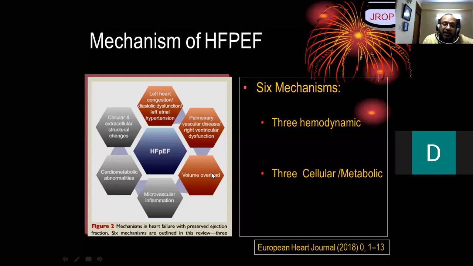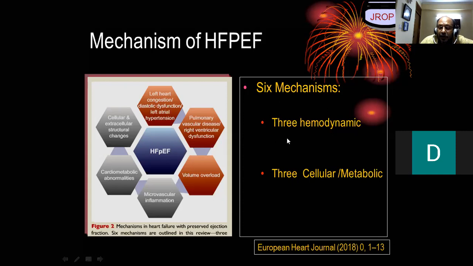But those have been described subsequently in hyperdynamic phases. In this volume overload condition, what we talk of is MR and AR, where the valves give rise to volume overloaded conditions. So we have 3 hemodynamic conditions.